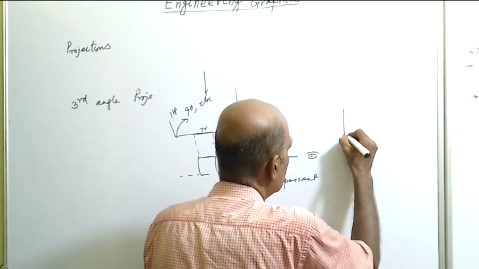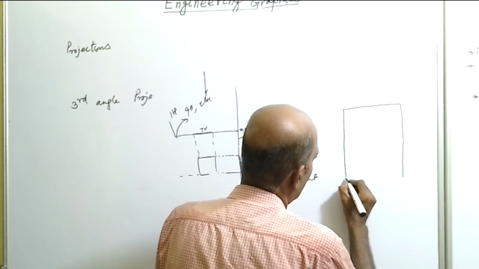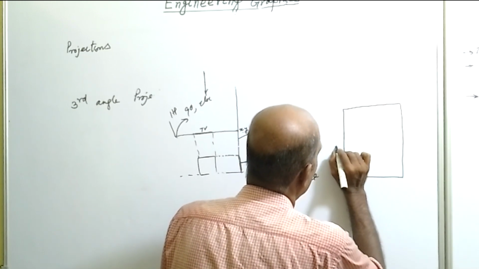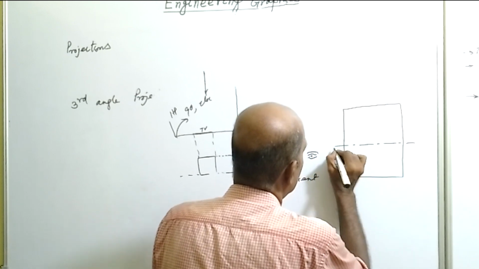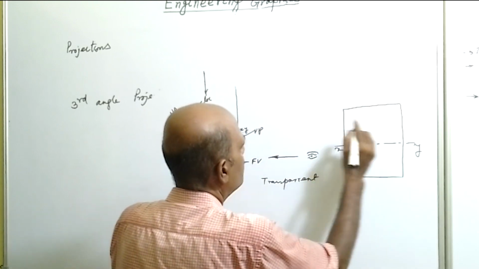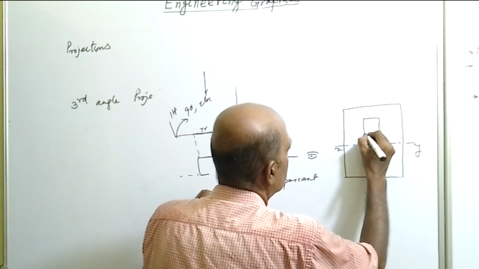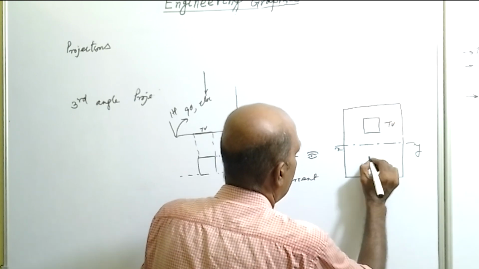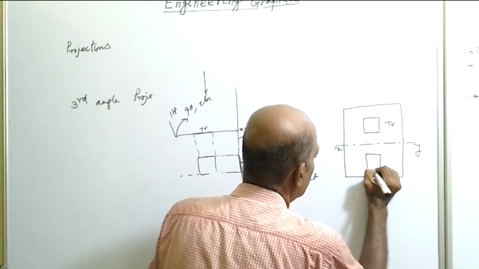So if we draw the orthographic view, this is your reference line, that is XY, and this top view will come above the front view. So this is your top view and here your front view will be formed.